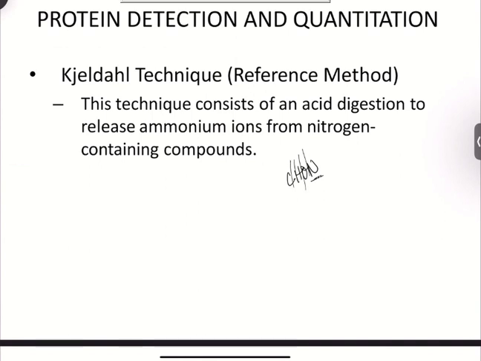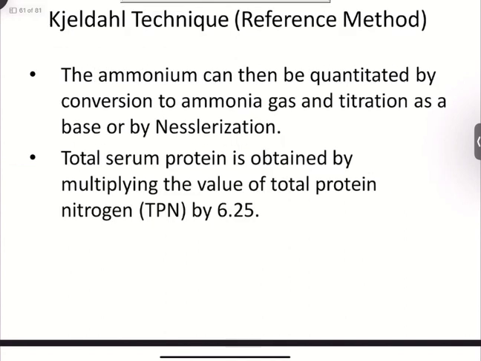Then your nitrogen is now tested and correlated with your protein content. The ammonia can be quantified by conversion of ammonia gas and titration based on your Nessler ratio.